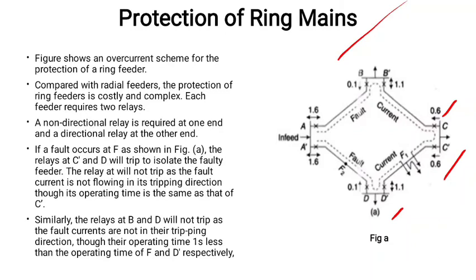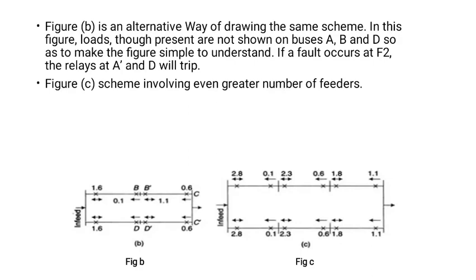Similarly, the relays B and D will not trip, as the fault currents are not in the tripping direction, though their operating time is 1 second less than that of the operating time of F and D dash respectively. So figure B is an alternative way of drawing the same scheme.